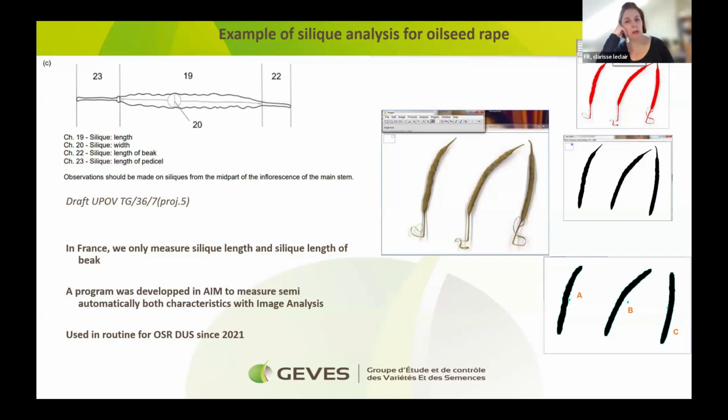Actually, in France, we only measure the silique length and the length of a beak, but there are several other characteristics on the silique that can be measured according to the guideline.